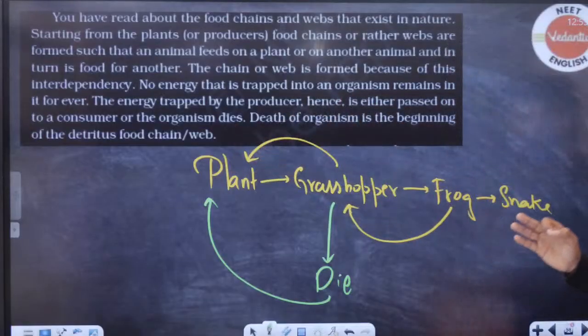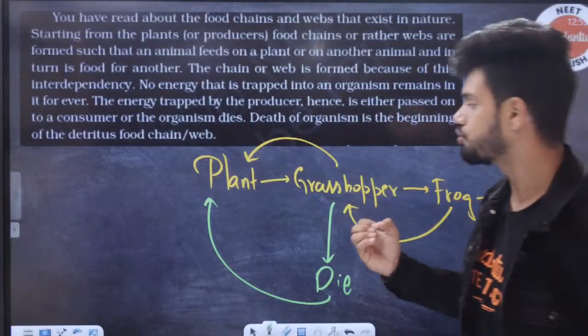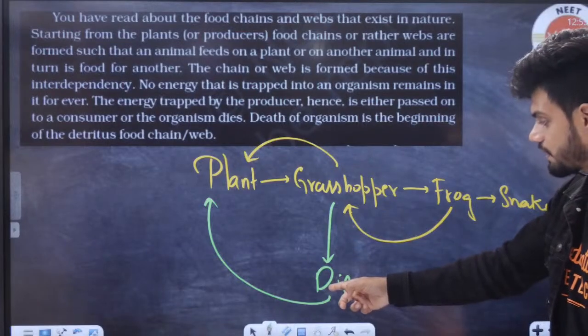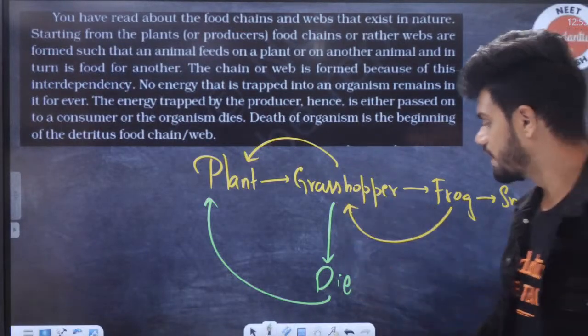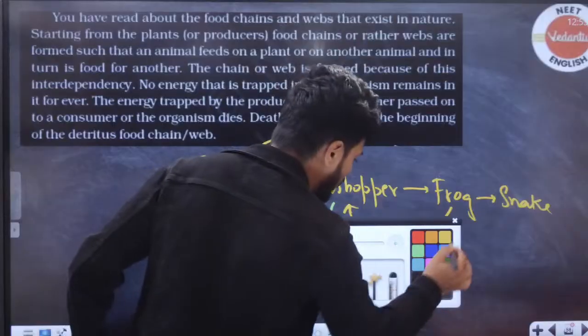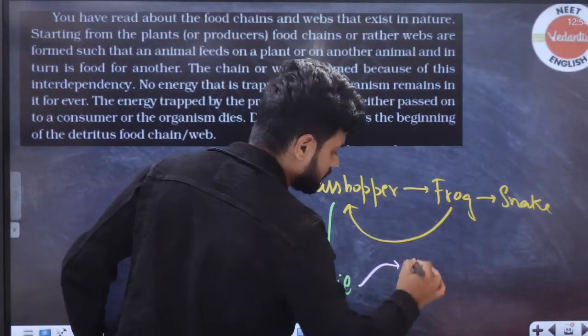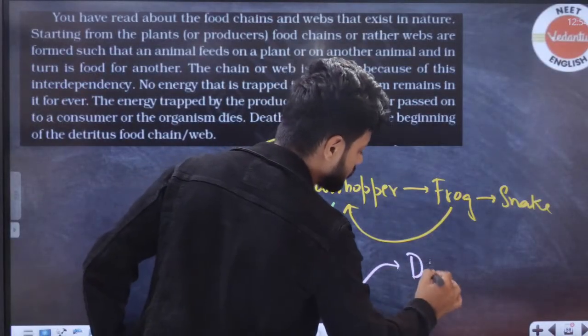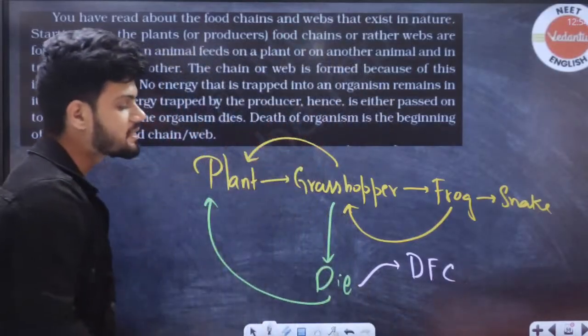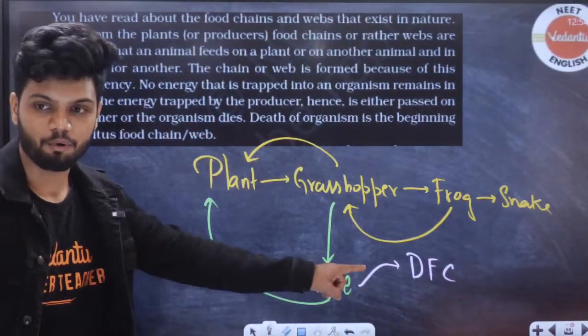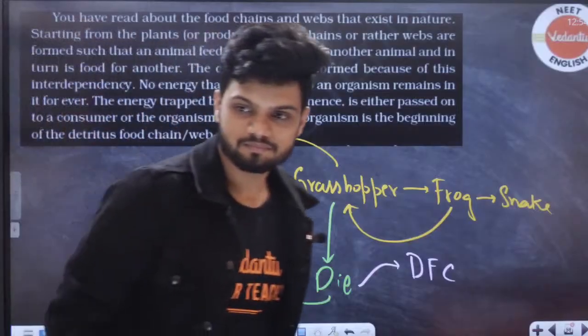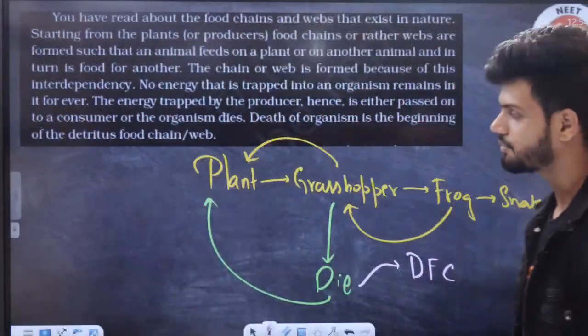Death of an organism is the beginning of the detritus food chain. So wherever the organism dies, at this point right here, the detritus food chain, DFC, is starting.